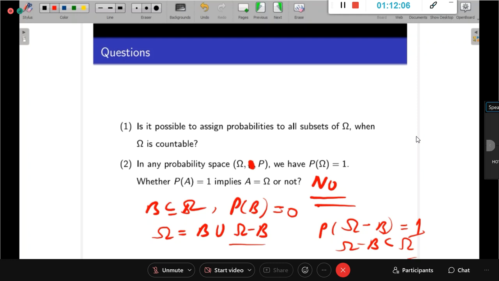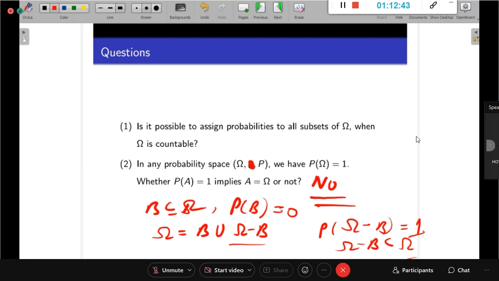When you are going to deal with an uncountable omega, then you have to think carefully. As long as countability is there, things will be in shape. But when you enlarge your space, the difficulty arises. Like infinite series, where you talk about convergence and divergence. Why? When you have a finite number of terms, there's no problem.